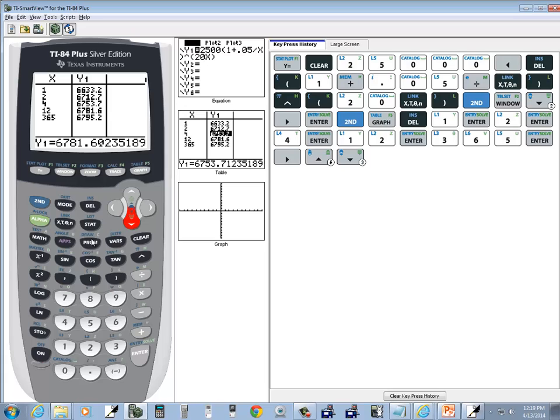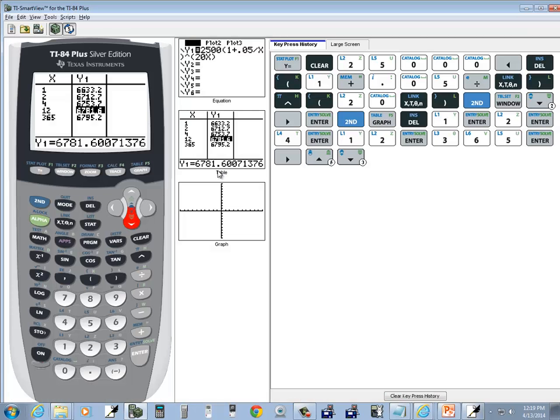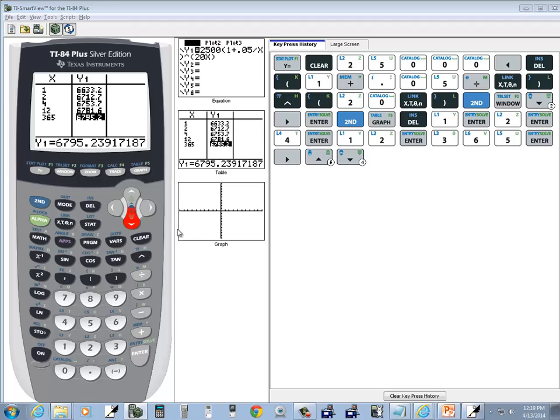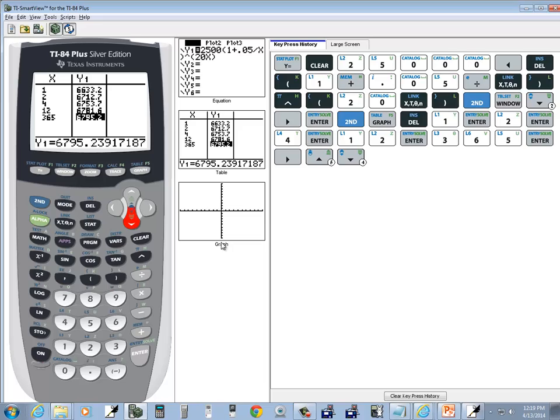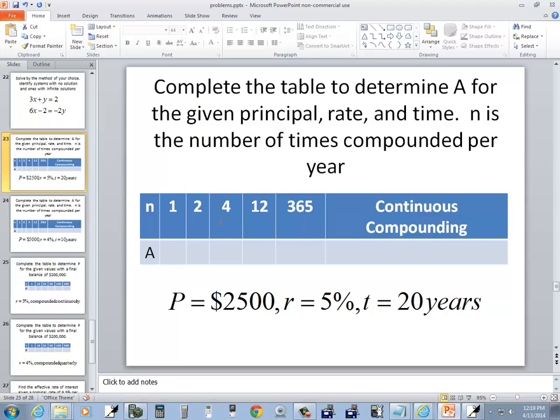Down arrow to N equals 12, and we got 6781.60, and then for the 365, we got 6795.24. Okay, so that's the first part of my problem.